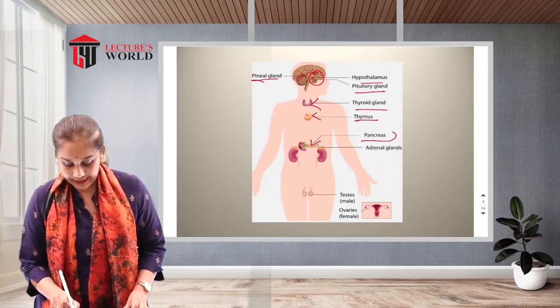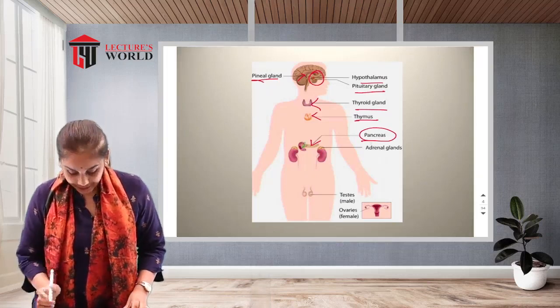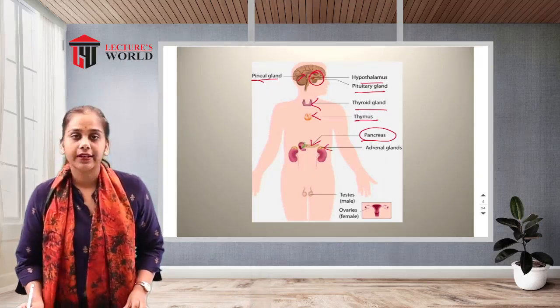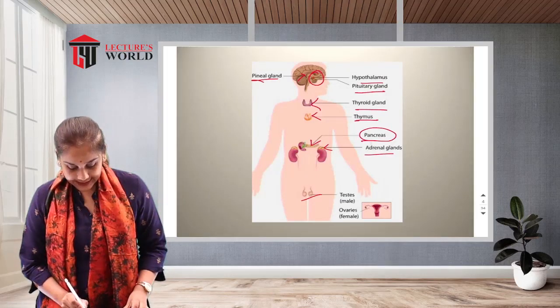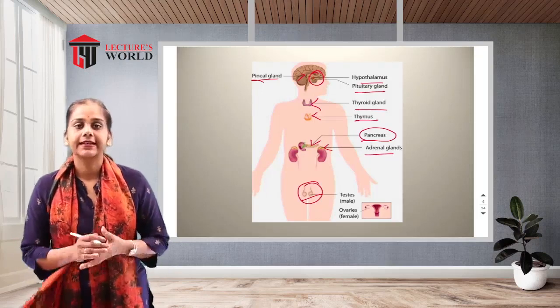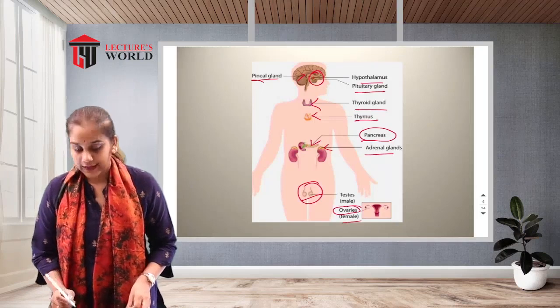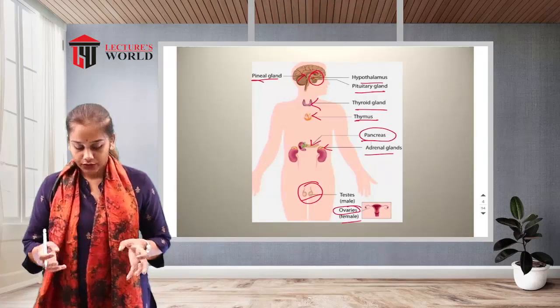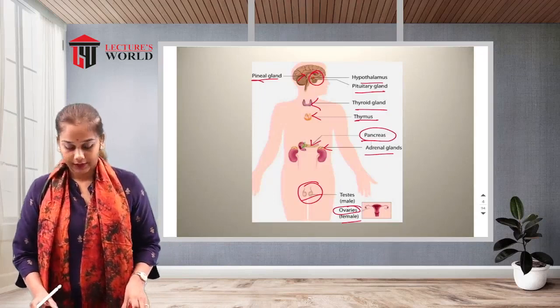This is the pancreas, which is also a gland, a mixed gland. Then the adrenal gland, located over the kidney. Then the testes in the male, secreting testosterone. Then the ovaries, located in the female, which also secrete hormones.